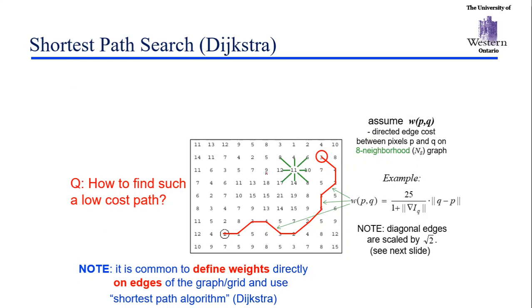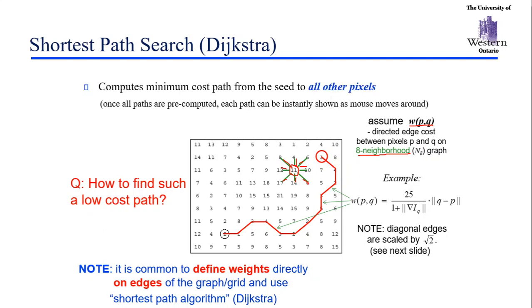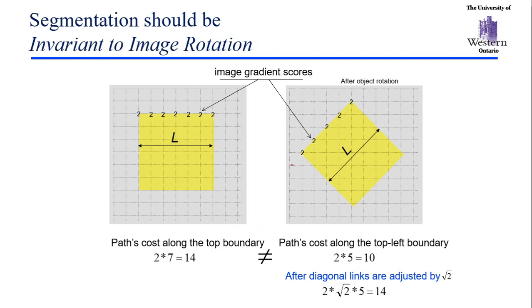What we assume right now is that there are directed edges w_pq between two pixels p and q with 8-neighborhood connection. So you can see this pixel with intensity 11 has 8 neighbors, and these links have costs. One more thing about defining these link costs is they must be rotation invariant.